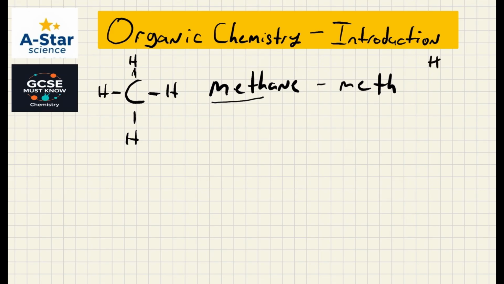So the number of carbons will be 1 in this case. If it has 2, we use the prefix eth. That's 2 carbons.